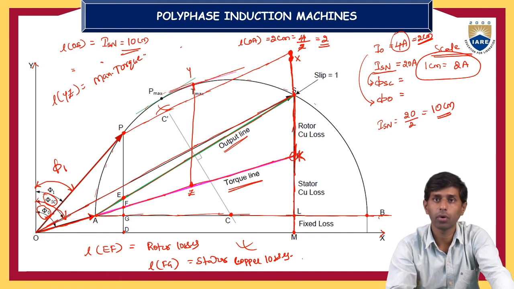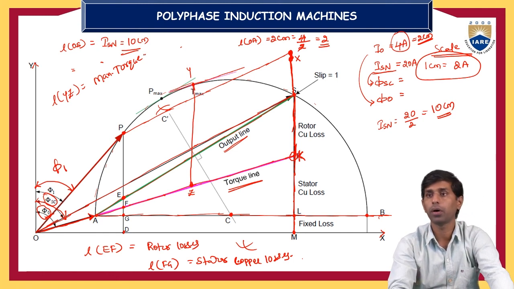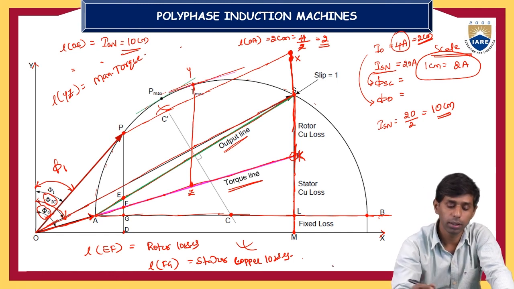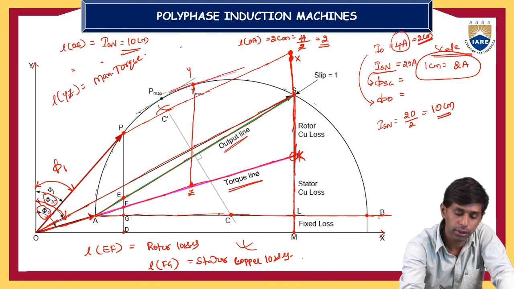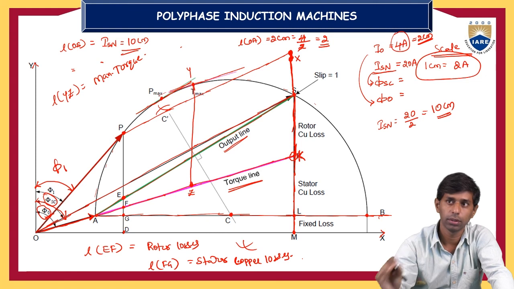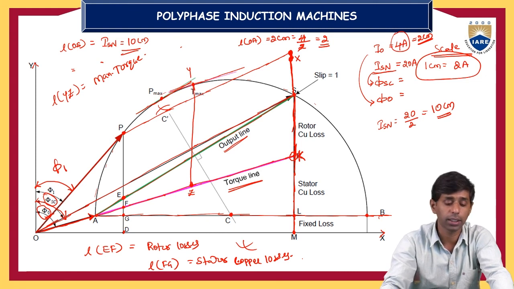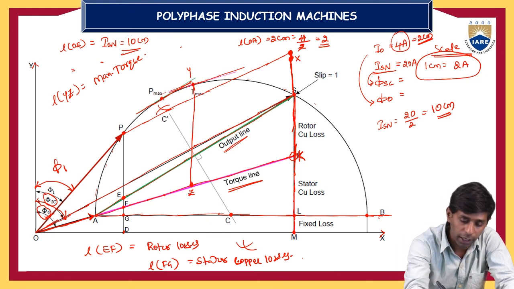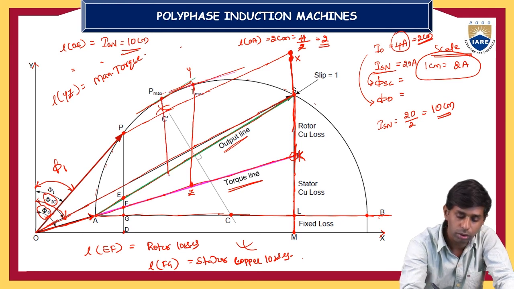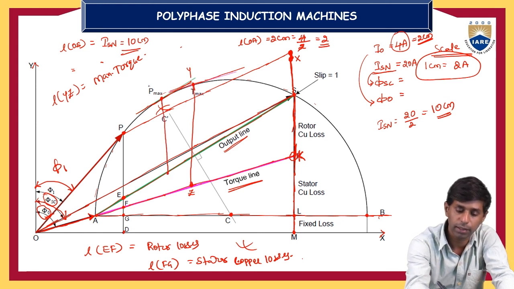And similarly, you have to draw a parallel line for output power. That is a tangent normal line. This is the point where it intersects your circle, P maximum, and drop a line from P maximum to the output power line.